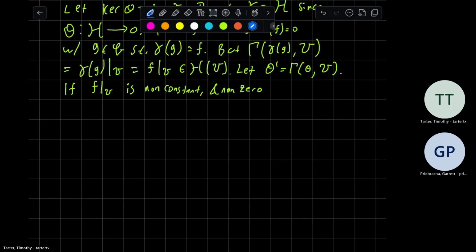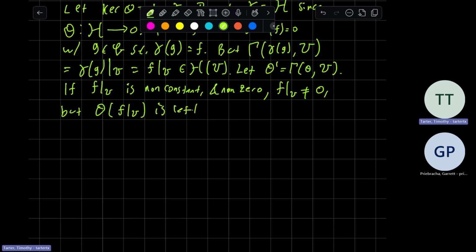So if it is non-constant and non-zero, then f restricted to U is not 0, but theta of f over U is left undefined.